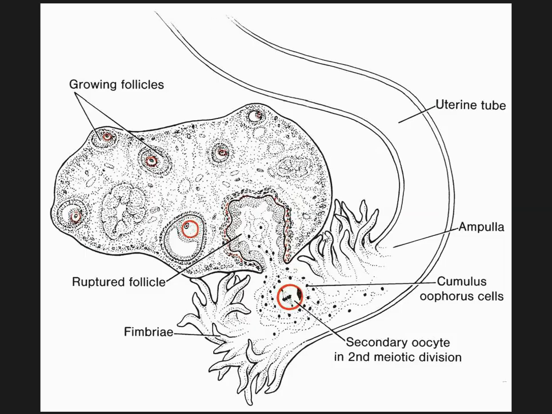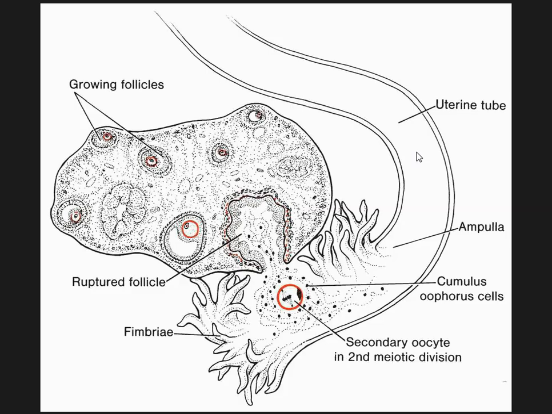In this picture, this one is an ovary. In the ovary, you can see some follicles in different stages. This is the ovulation: the ovary releases the oocyte with some cumulus cells, the corona radiata, into the uterine tube.